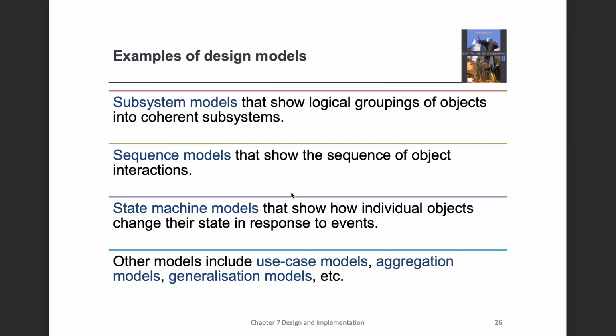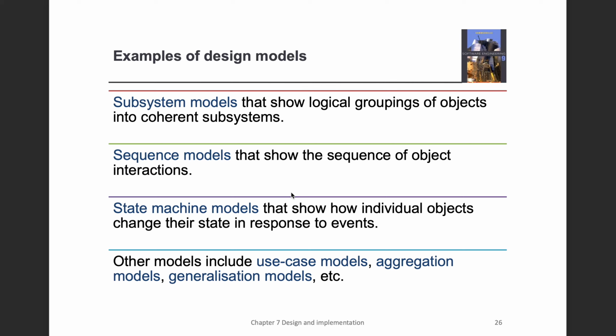So we say that subsystem models show the logical grouping of the objects into coherent subsystems. We look at the objects that are similar in nature, and then we group them together. Then we look at sequence models that show the sequence of the interactions between the objects.